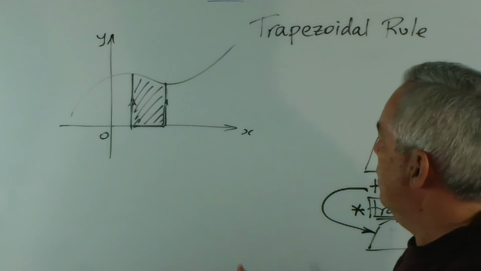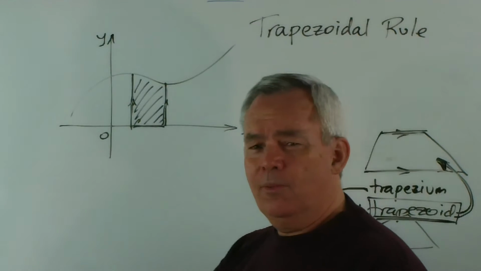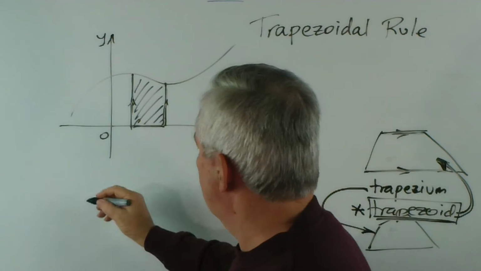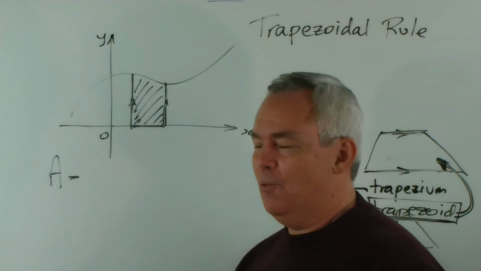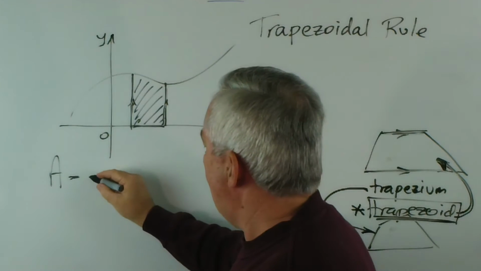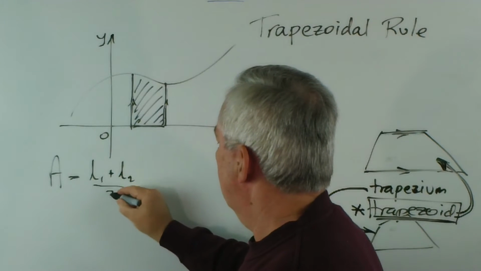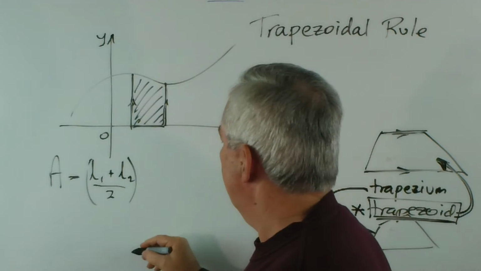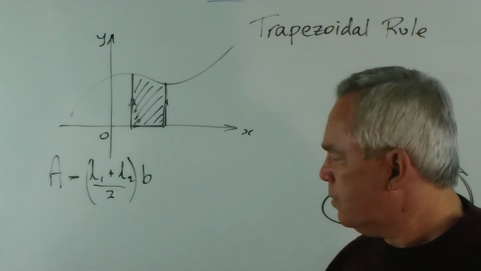Now, how do we estimate the area? Well, you might recall from one of my previous videos that the area for what I call a trapezium is the average length. So we average the two lengths and multiply by the breadth or the width of the trapezium.